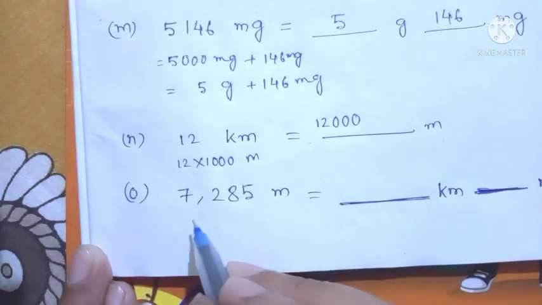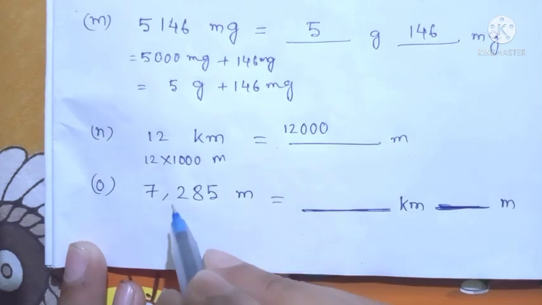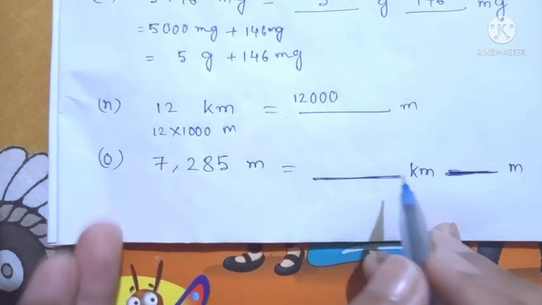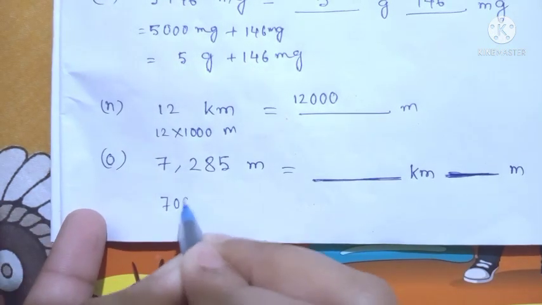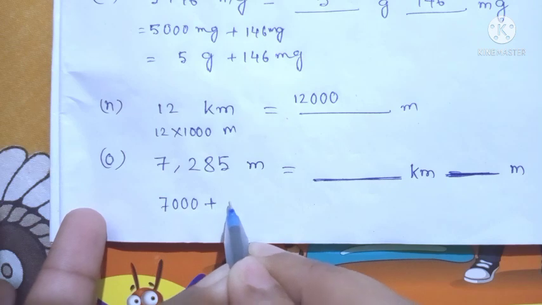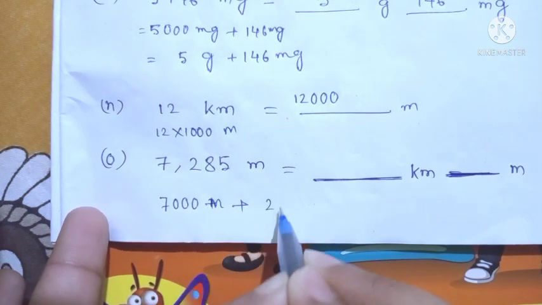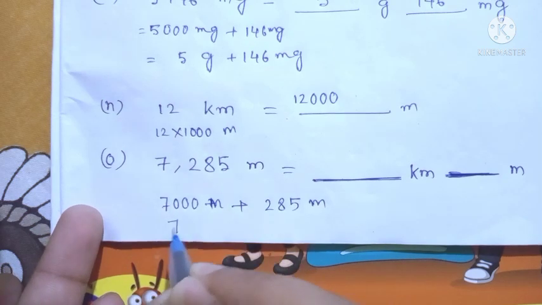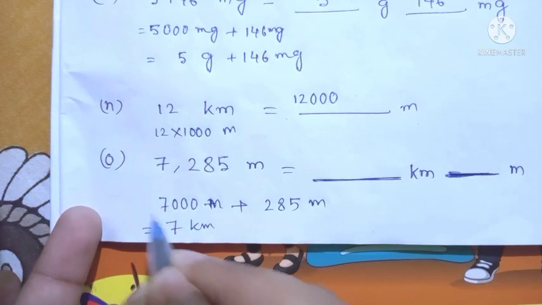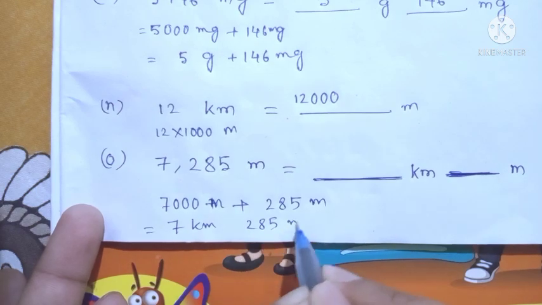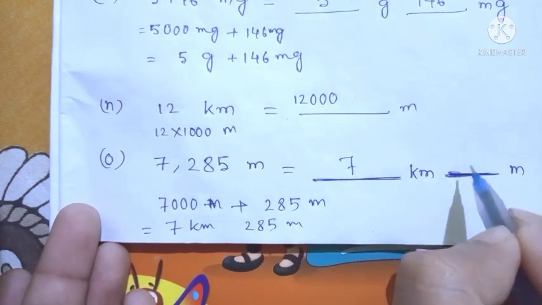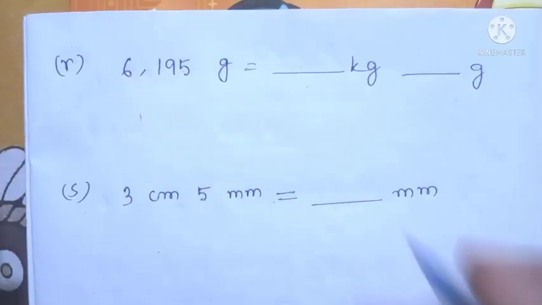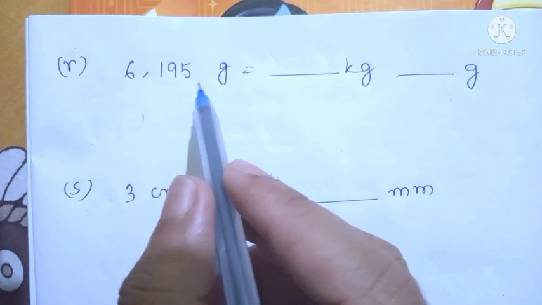Now 7285 meter equal to dash kilometer dash meter. You can write like this: 7000 meter plus 285 meter. 7000 meter means 7 kilometer and 285 meter is there, so 7 km and 285 meter. Now the next problem, 6195 gram.